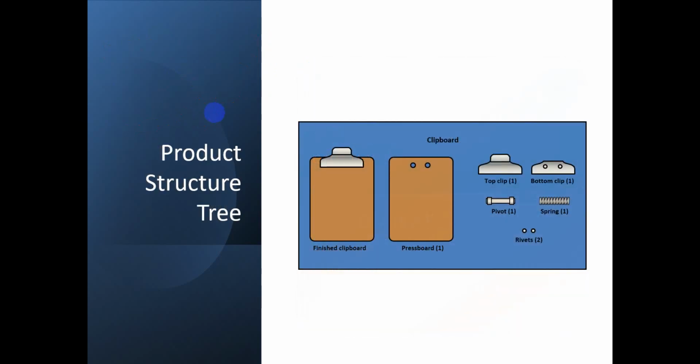For example, you can see here the simple clipboard. Okay. Here you can see a number of disassembled parts are available, but when you see only the clipboard, this is the one component.